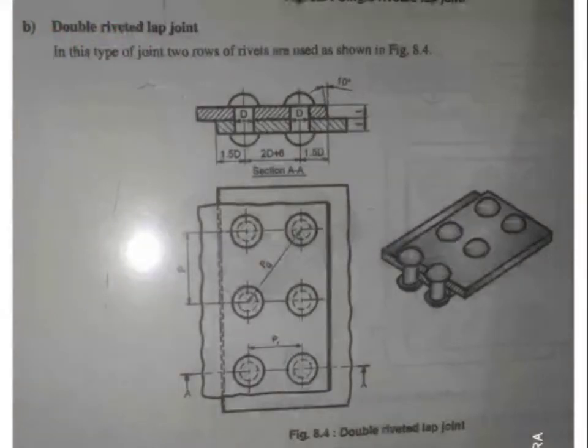If the width, this is the width and this is the length, if this width increases, then this space area increases, and we need to give strength for the permanent joint of the two plates. We will increase this row.